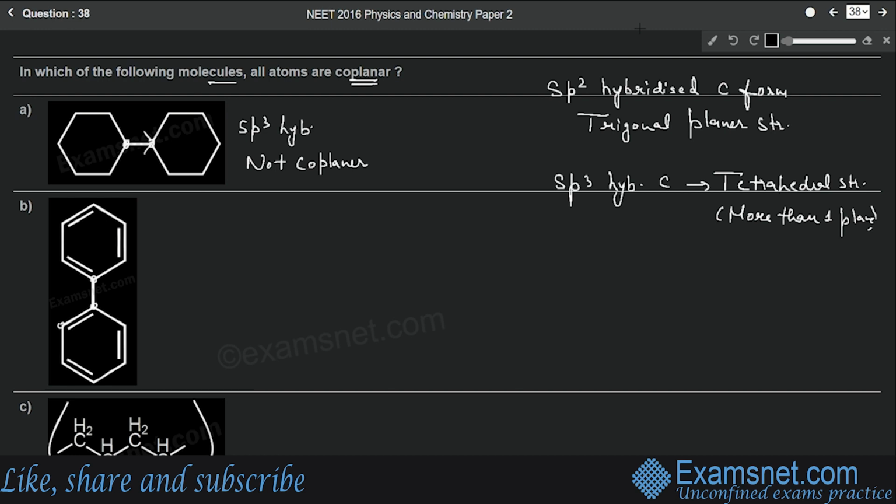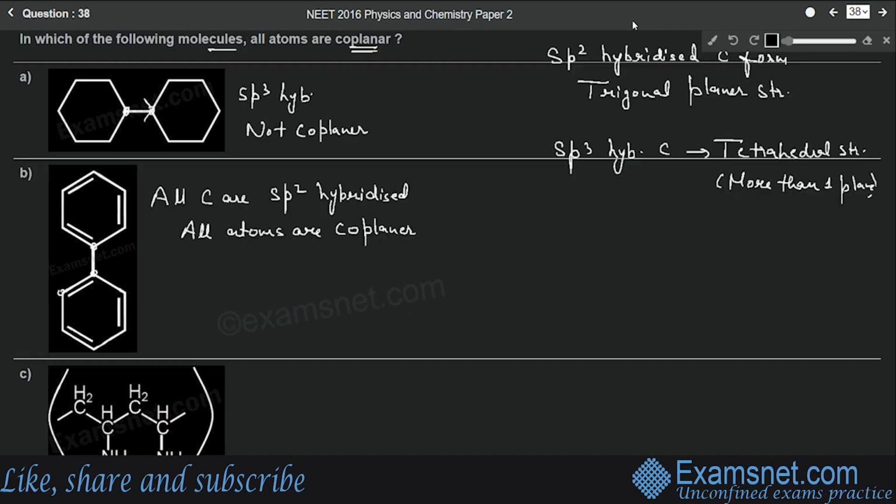Is there any carbon which is sp3 hybridized? No, all carbons in the second option are sp2 hybridized. That means this structure will be coplanar, all atoms are coplanar.